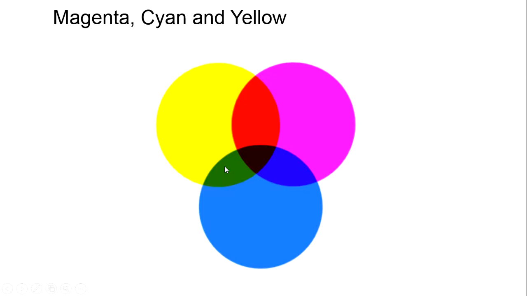Then cyan scatters only blue and green. So when the two are mixed, magenta absorbs cyan's green and cyan absorbs magenta's red. So together they only scatter blue. This is also a collection of colors which scatter, bouncing back the colors at different angles.